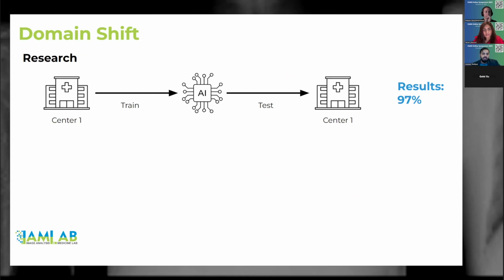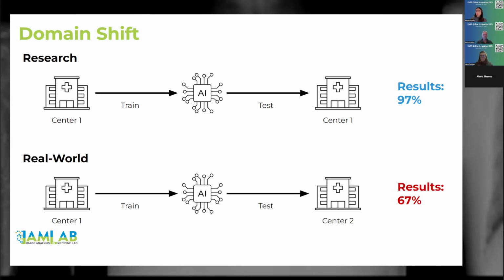Then we have a domain shift problem, since we are scanning these whole slides. Usually in research, we take data from one center and split it, like 80% for training and 20% for testing, but both are essentially from the same center. And then we are happy that our models are delivering 97% or above 90% results.